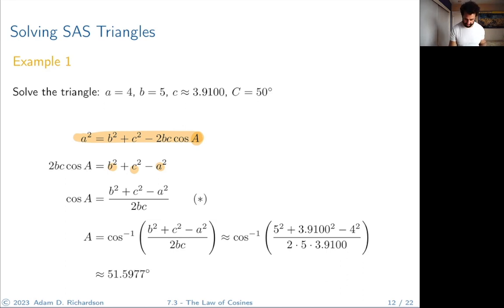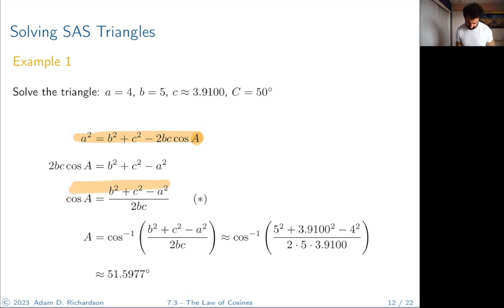Now what I'm showing here in this calculation is me trying to maintain equality as long as possible. I'm basically solving for cosine of A. I'm starting with the law of cosines right here, and I'm just trying to solve for cosine of A. Then I'll be able to use inverse cosine to compute the value of A. So here we go.